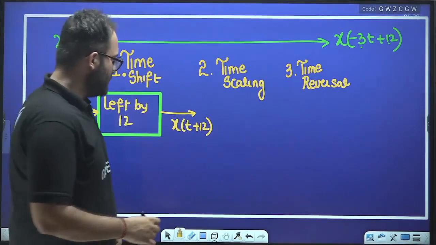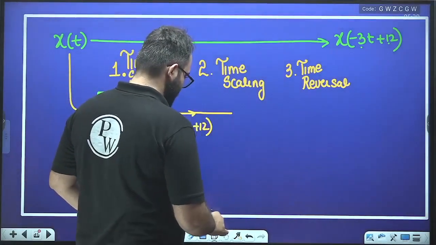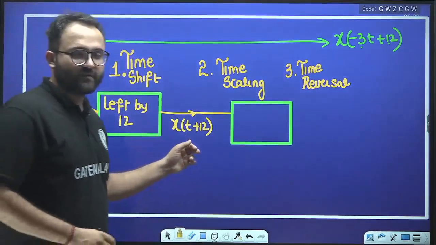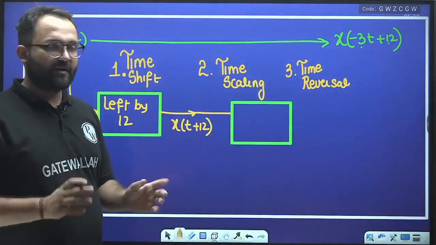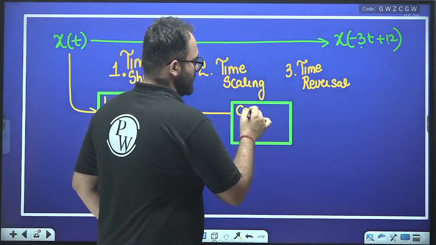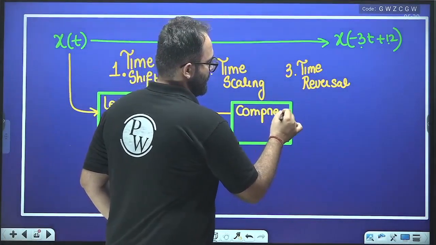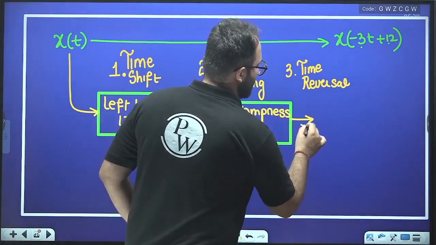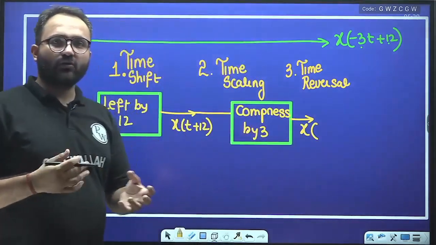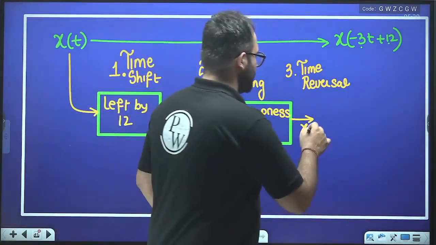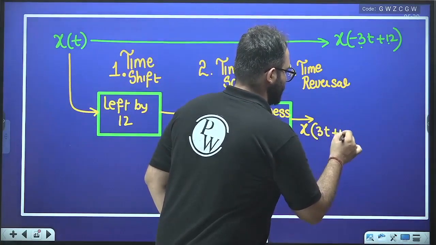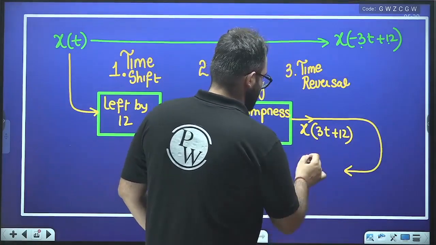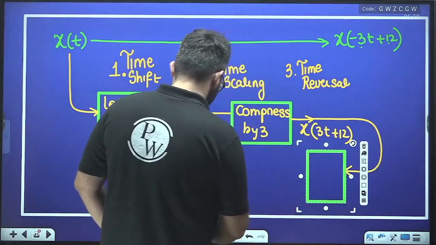Now if we see this signal and we again give it to another box, which is time scaling, compressing by factor 3. Compressed by 3 means, and we know that these systems always operate only on variable t, this will be x of 3t plus 12. And finally, we have to apply the time reversal.